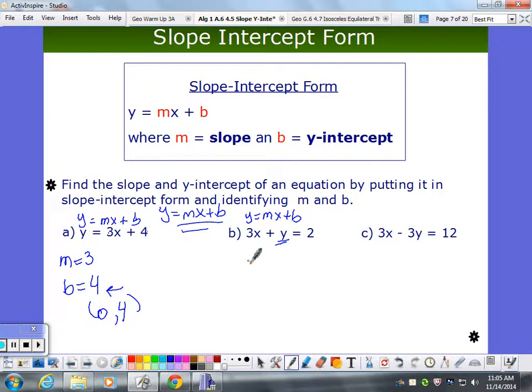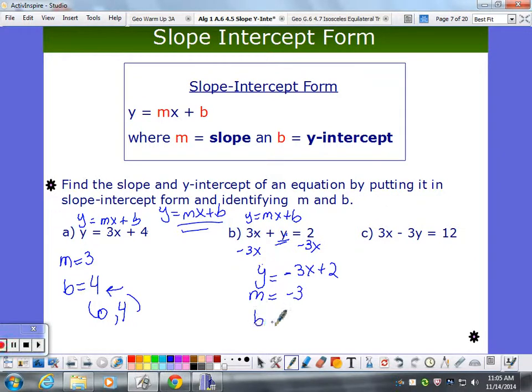You always have to be y equals. Is this y equals form? No. What do I need to do? Minus 3x, and then do minus 3x plus 2. Okay, so I've got 3x minus 3x plus y. That's just y. I could say 2 minus 3x, but I'm going to write it as negative 3x plus 2 because then it looks like y equals mx plus b. What is m?